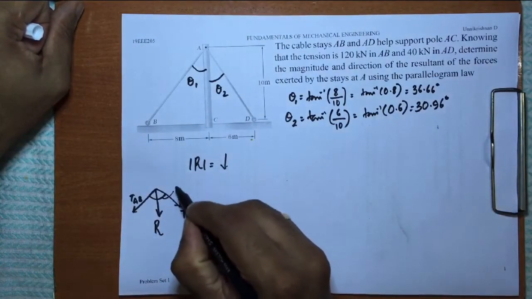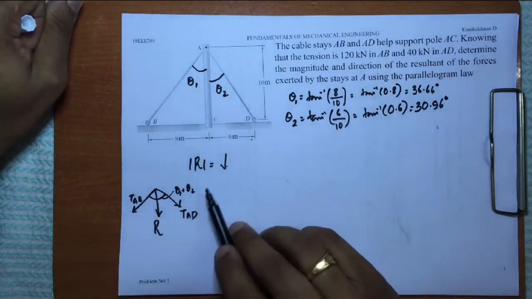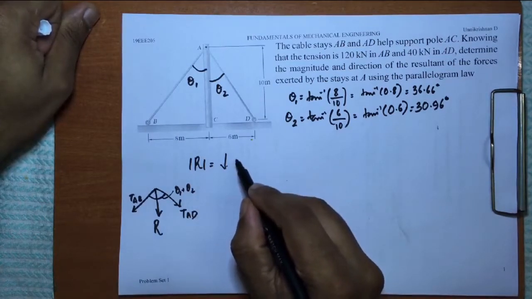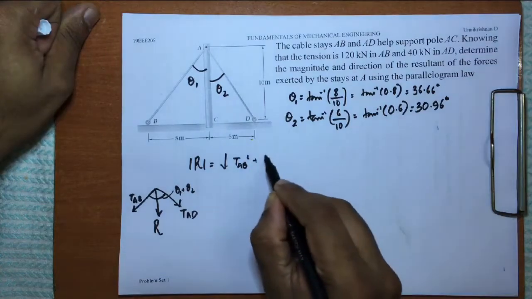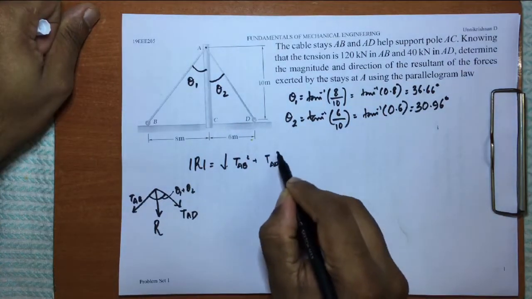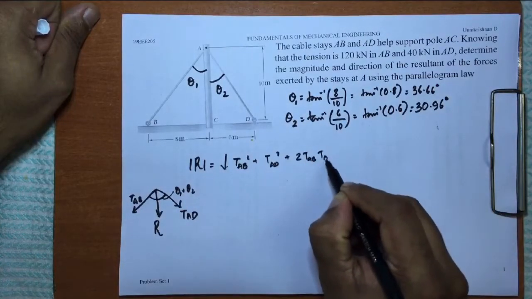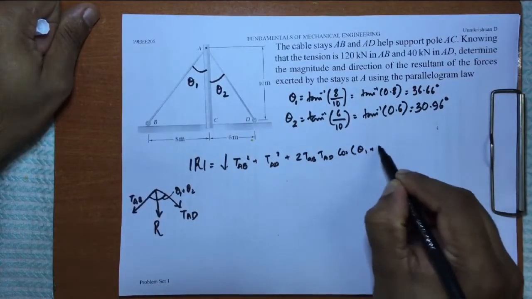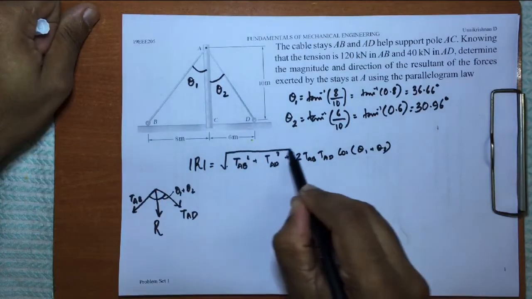I can say the resultant R magnitude is equal to square root of TAB square plus TAD square plus 2 TAB TAD cos theta 1 plus theta 2, because that is the angle between these two vectors.